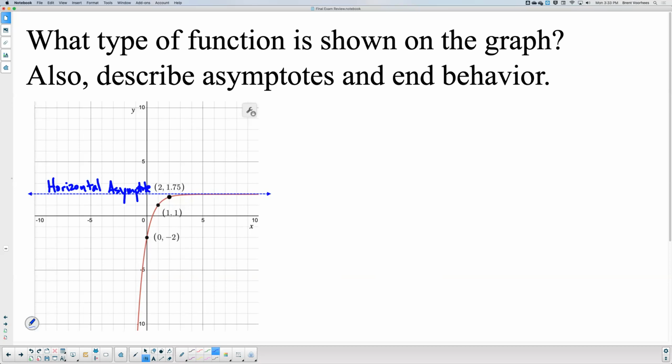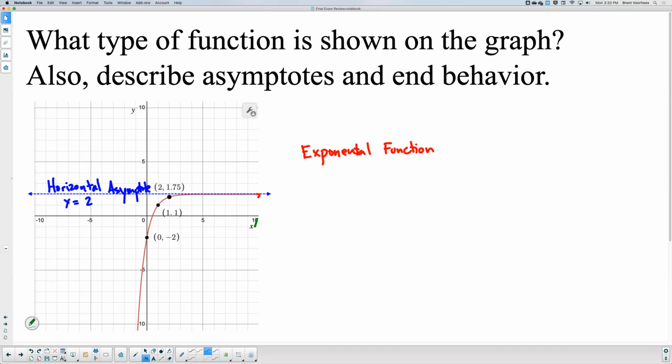And this horizontal asymptote is at y equals 2. And so we said this is an exponential function. It's exponential because of the horizontal asymptote.